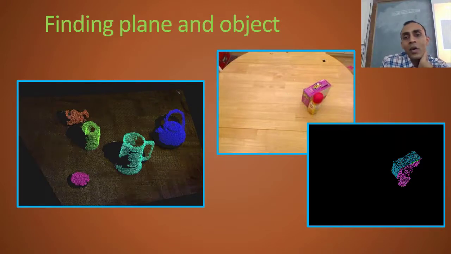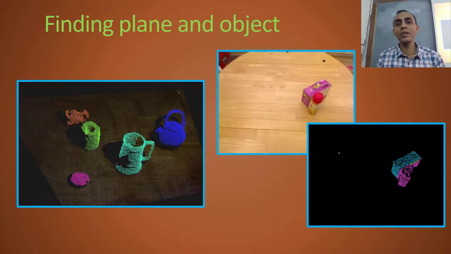So how did the table get removed in this image? They actually use RANSAC to do that. The table is a plane, and a plane has an equation. You can fit a model to the plane equation and estimate its parameters. You can randomly choose points and do random trials, and by that you can find a good fit which actually fits the plane.